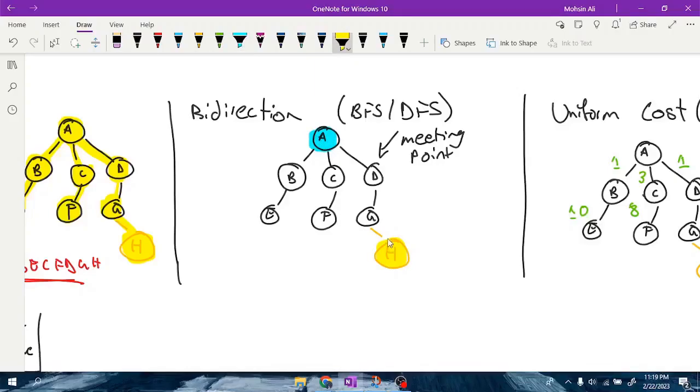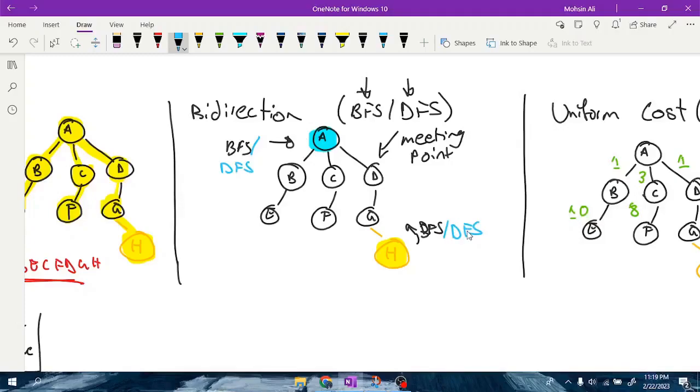So in bidirectional search, you use either BFS or DFS, which means that starting from the starting node, you can either apply BFS over here and over here as well, or you could apply DFS.